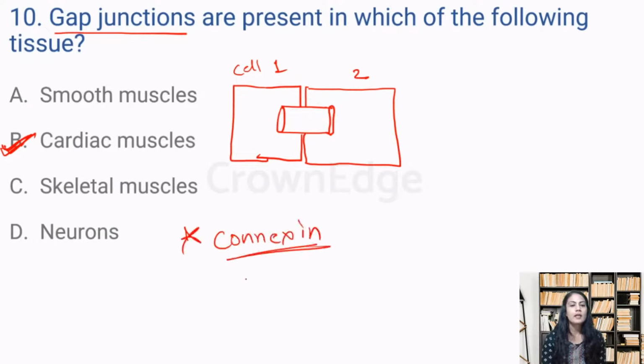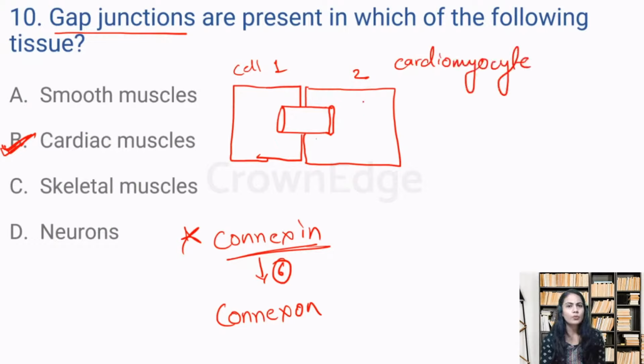If 6 such proteins come together, they make a connexon. Remember connexon, like connection. It is connecting two cells, a kind of bridge between two cardiomyocytes.